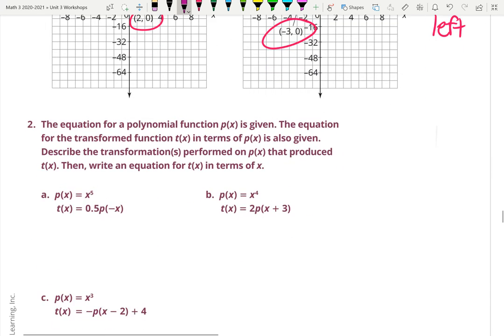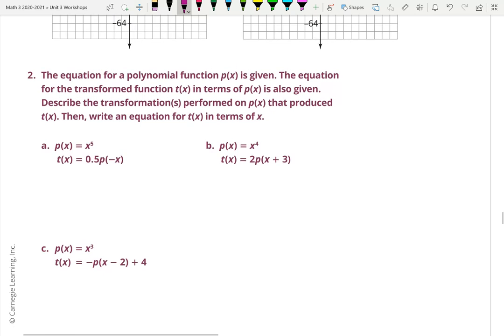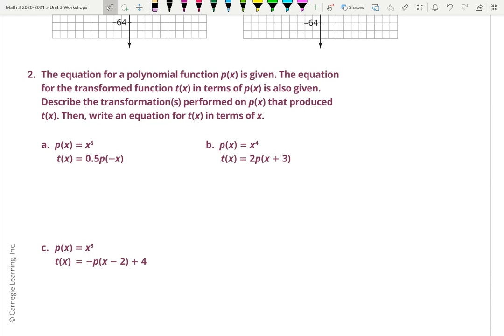Okay. For 2, we're going to do the opposite. We're going to describe what is going on. So from P to T, we know that the whole graph was vertically compressed. I know it's a half because 0.5 is a half.